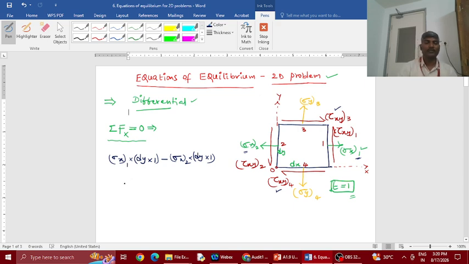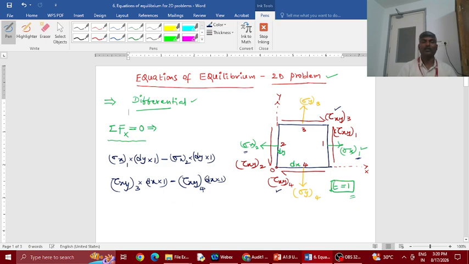Same way, the other two forces. This is tau xy on face 3, the area is dx into 1, this is towards positive. Minus tau xy on face 4, dx into 1.